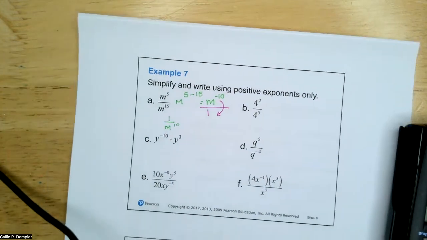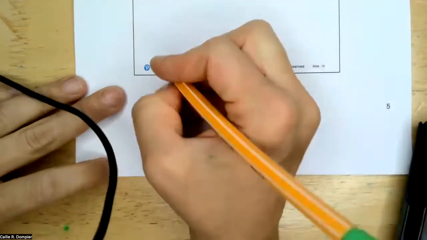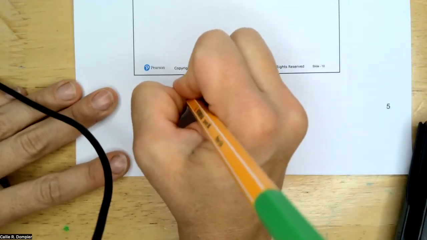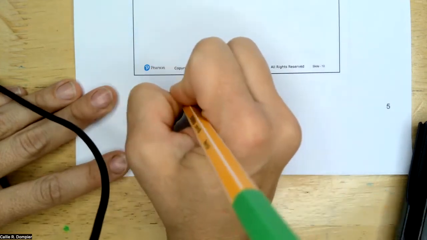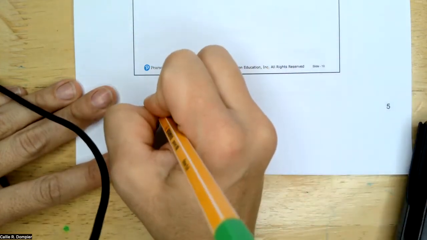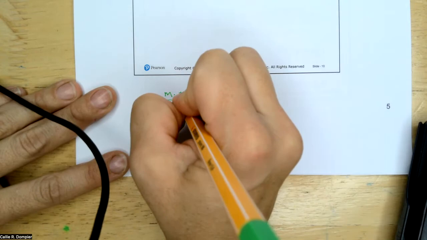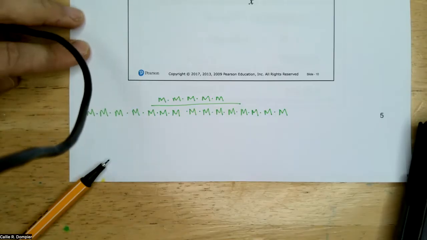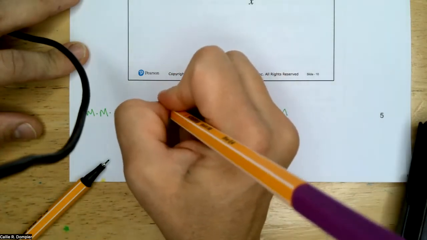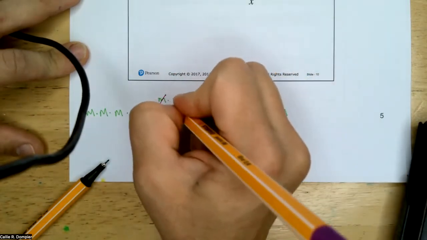Okay, I'll show you another way to see that. I have 5 m's, right? M to the 5th just means I have 5 m's on the top, and I have 15 m's on the bottom. What it means is if it's common to the top and the bottom and they are all being multiplied, I can cancel them out.